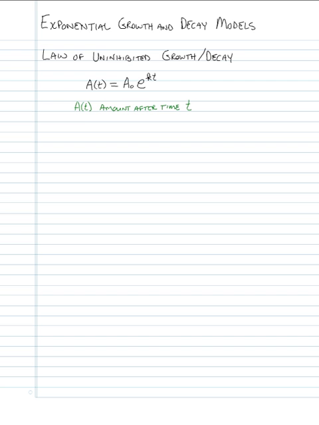Now, the other A that we see, sometimes that's referred to as A naught, A sub 0, and really is kind of a shortcut to saying this is the amount of whatever we're talking about at time 0. That's the reason for that little subscript 0. But simply put, this is the original amount of whatever we're talking about, the original amount when we start measuring time.